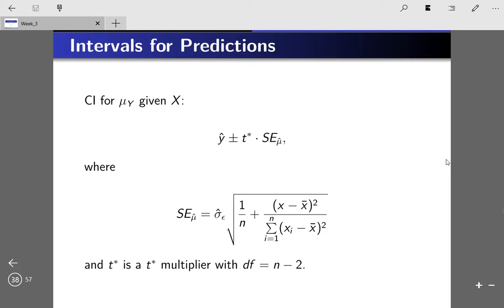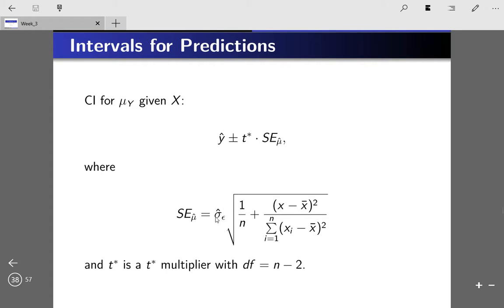So the formula from the textbook, confidence interval for the mean response value is this: y hat plus or minus t star, which is that multiplier again that I'll always give you guys. It's typically 1.96 or about 2, times the standard error of the mean response. And this standard error of the mean response is given by this ugly looking guy here.